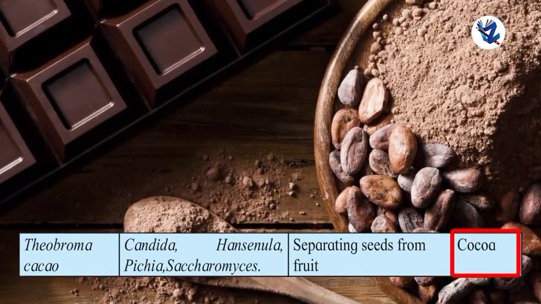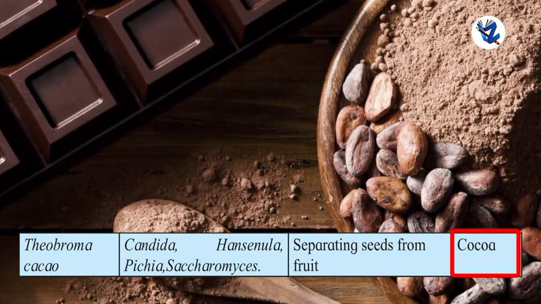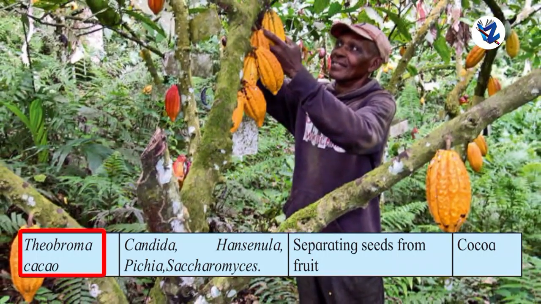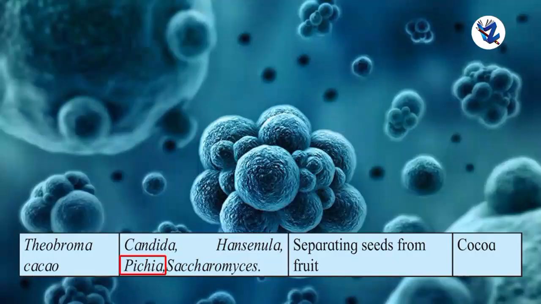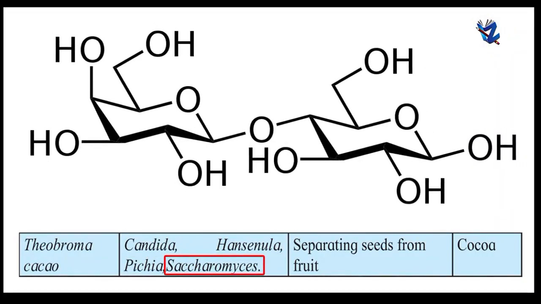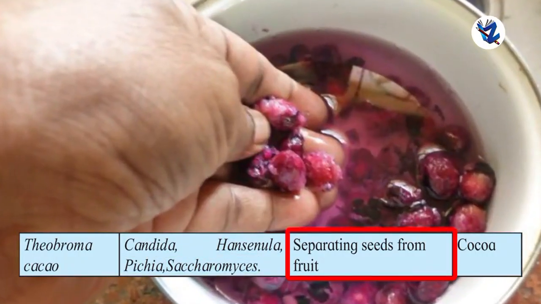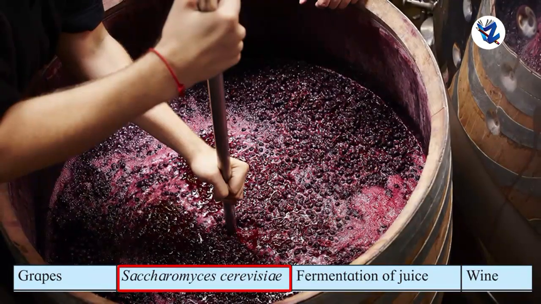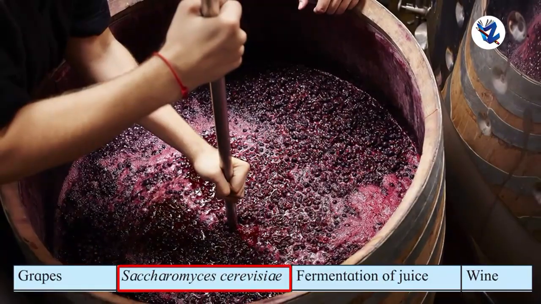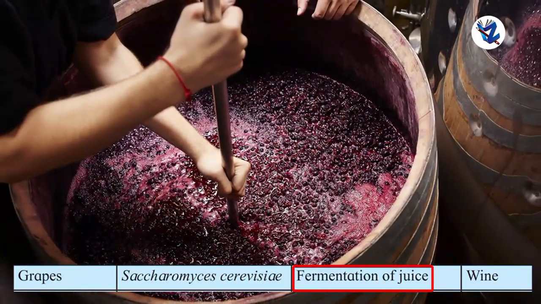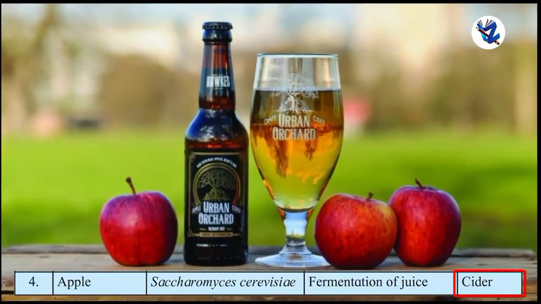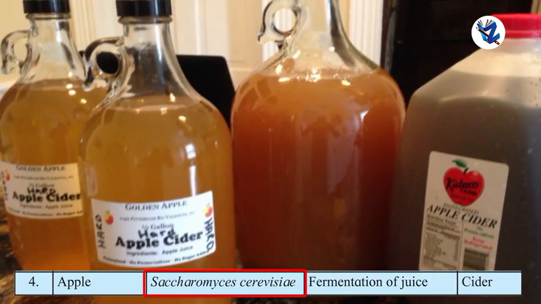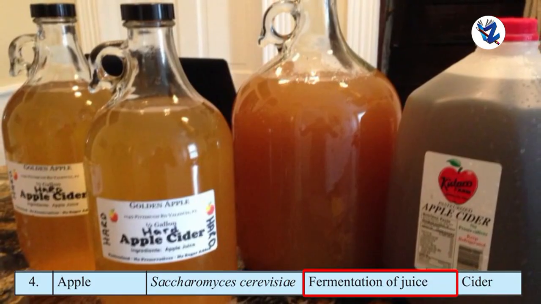Cocoa is prepared from the fruit Theobroma cacao, microbes Candida, Hanseniaspora, Pichia, Saccharomyces, separating seeds from fruit. Wine is prepared from grapes using the microbe Saccharomyces cerevisiae. They ferment the juice. Then cider is obtained from apple with the help of Saccharomyces cerevisiae by fermentation of juice.